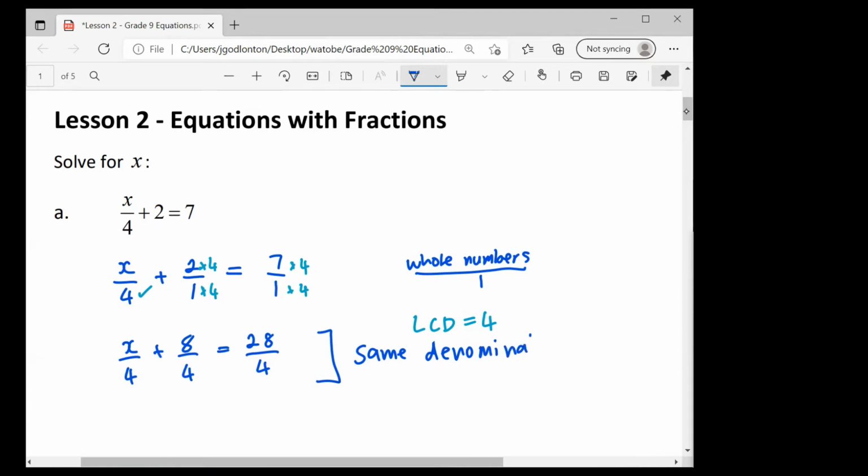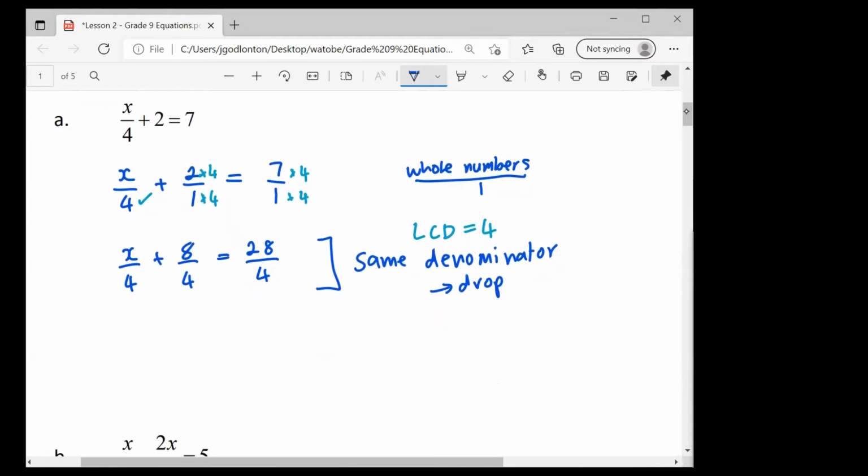And once we have the same denominator, we are allowed to drop it, but only in an equation. Some of your teachers may have taught you at this point, they haven't even written the denominator. They may have just written x plus 8 equals 28, and that's also 100% fine because you don't need to show that step. So now I'm going to lose that denominator.